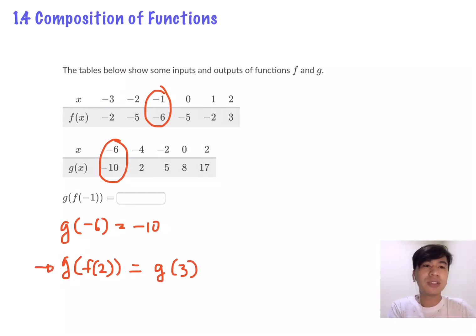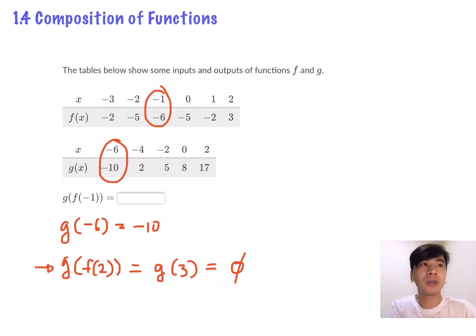Now you don't have g of 3 over here. When you look, the number is just up to 2, but you are asked to find it up to 3, so you'll say that it's out of the domain. So this one will have no answer.